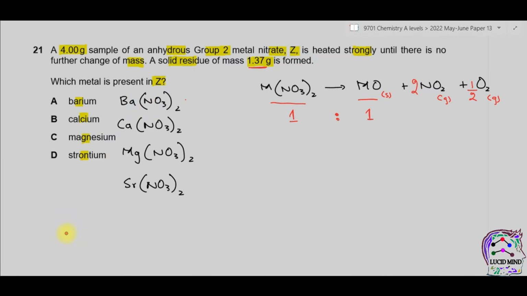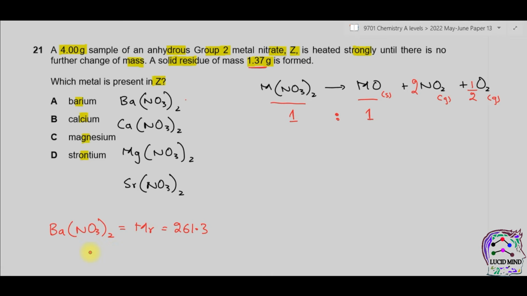So for barium nitrate, first we need to find out the molecular mass. So its Mr is calculated and it is equal to 261.3. Now we have to find out the number of moles.